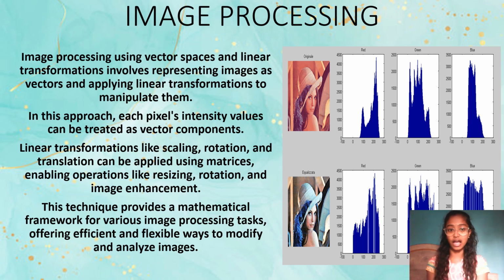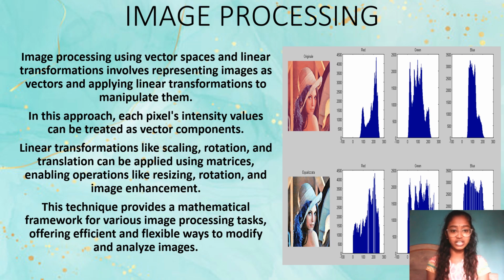The first is image processing. Image processing using vector spaces and linear transformation involves representing images as vectors and applying linear transformations to manipulate them. In this approach, each pixel's intensity values can be treated as vector components.